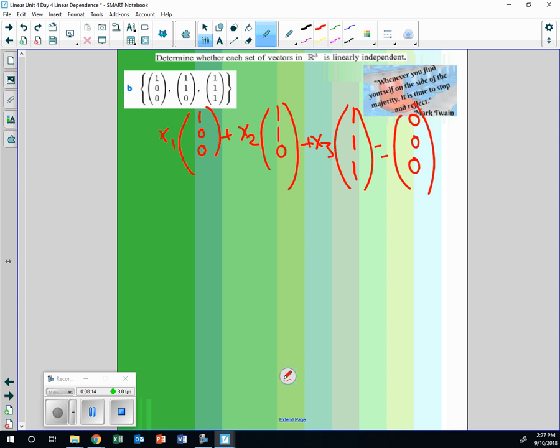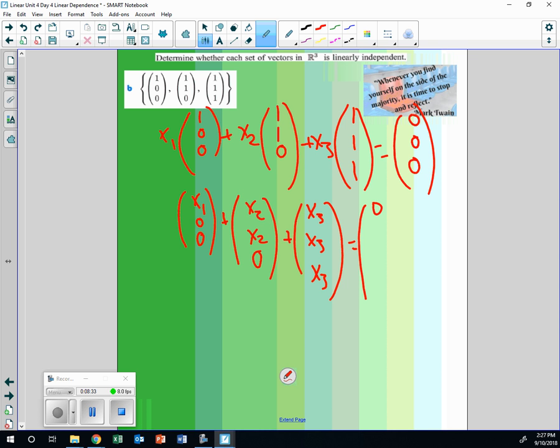For any linearly independent set, yeah. When I multiply these through, notice that I get (x1, 0, 0) plus (x2, x2, 0) plus (x3, x3, x3) equals (0, 0, 0).